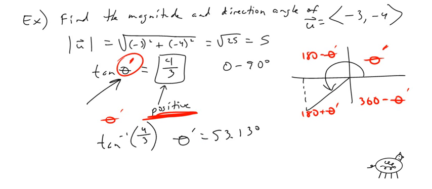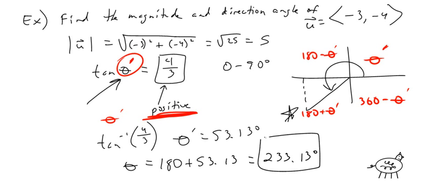And then, as we said, we're over in this quadrant right here, so we're going to do 180 plus 53.13. This is actually equal to theta, not theta prime, and it comes up to be 233.13 degrees. Okay, and that is your direction angle.